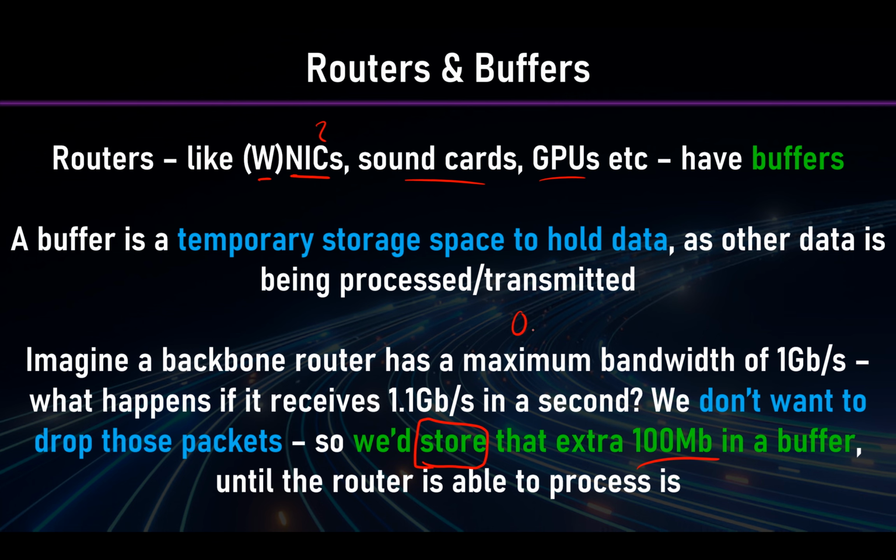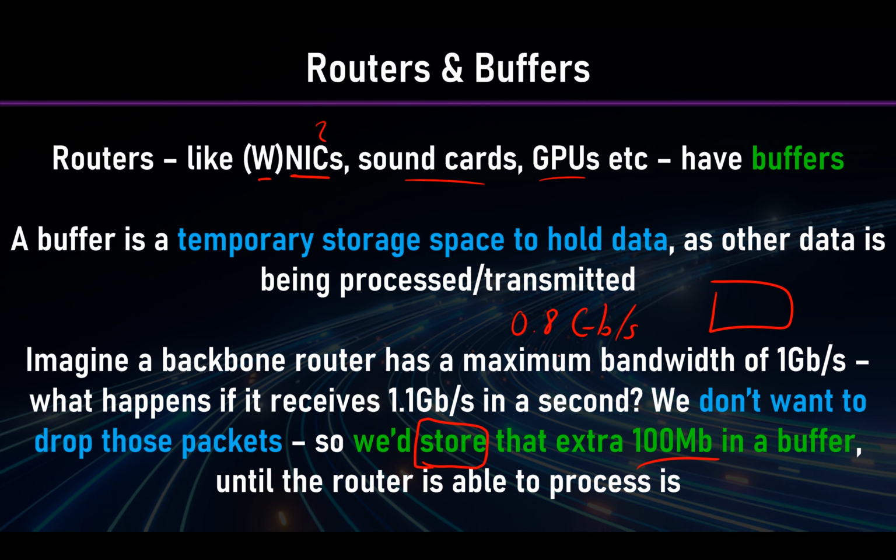And hopefully after that, it's going to go back down to maybe 0.8 gigabits per second in the future. When it goes lower again, we can start sending out the packets that are in the buffer.